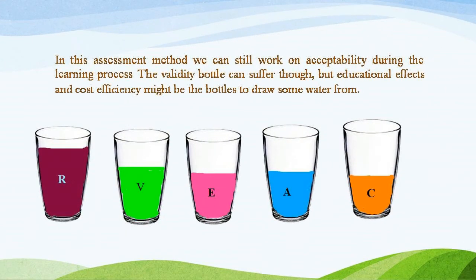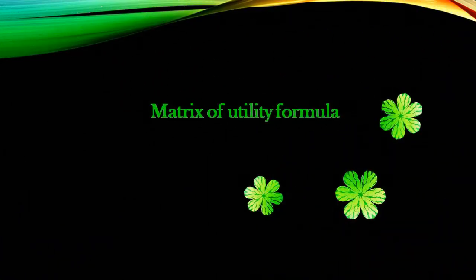In the second assessment method, we can still work on acceptability during the learning process. The validity bottle can suffer though, but educational effects and cost efficiency might be the bottles to draw some water from.